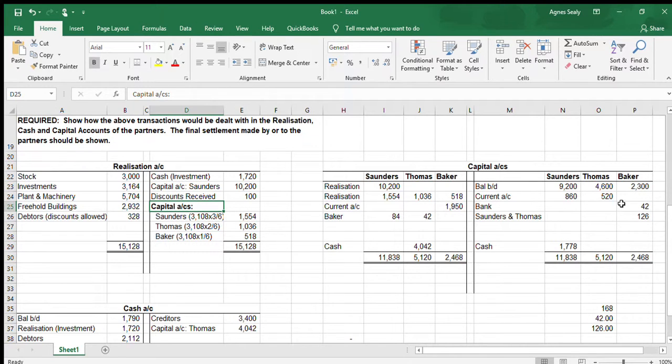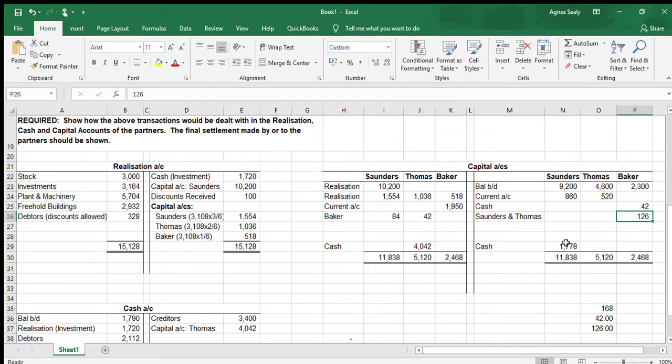And Baker is insolvent. He can only pay $42 into our cash account, whereas Saunders and Thomas have to pay the other $126 for him, and they have to pay that $126 in their last agreed capital balances. So Saunders has to pay $84 on his behalf, whereas Thomas has to pay $42 on his behalf.